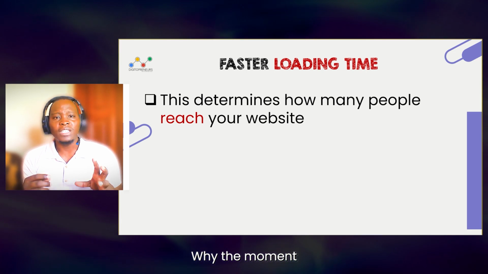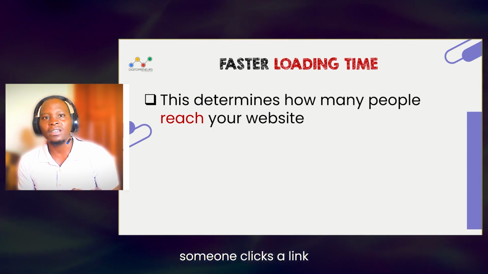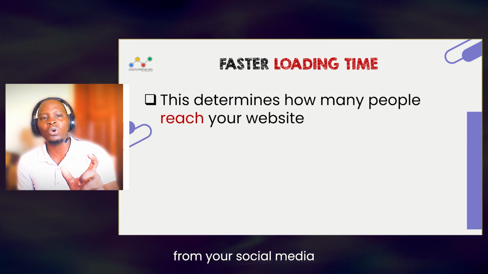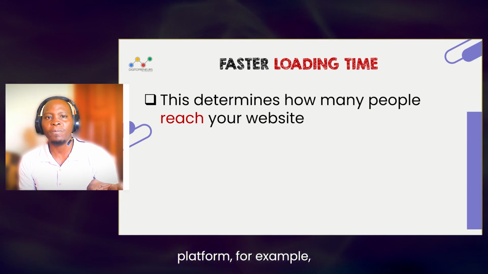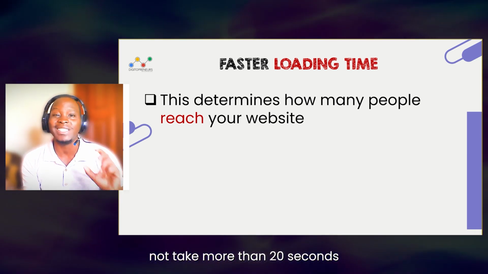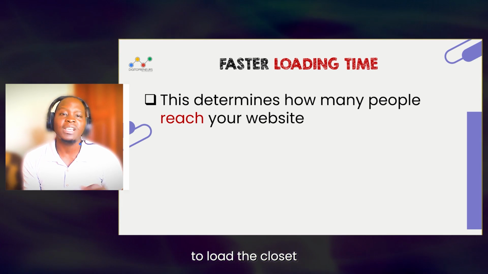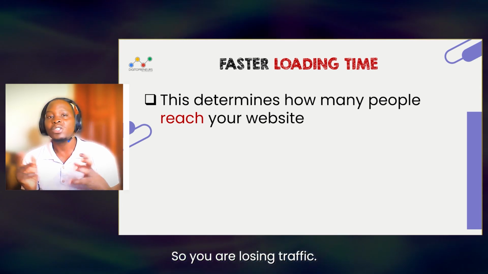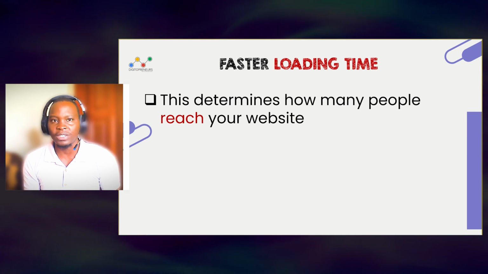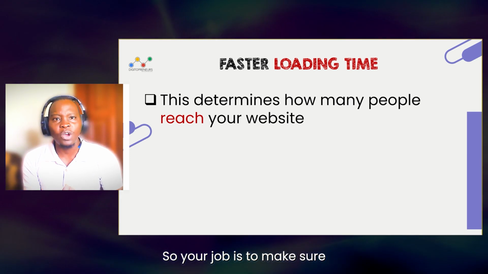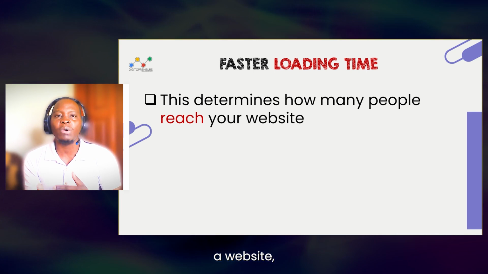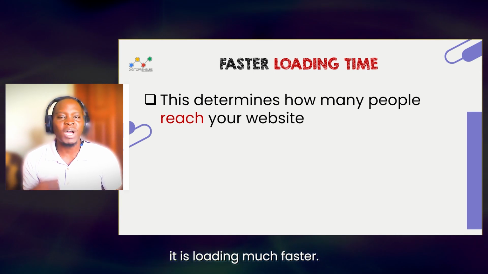Why? The moment someone clicks a link from your social media platform, for example, if it takes the website more than 20 seconds to load, they will close it and go do something else. So you are losing that traffic. Your job is to make sure that if you're building a website, it is loading much faster.